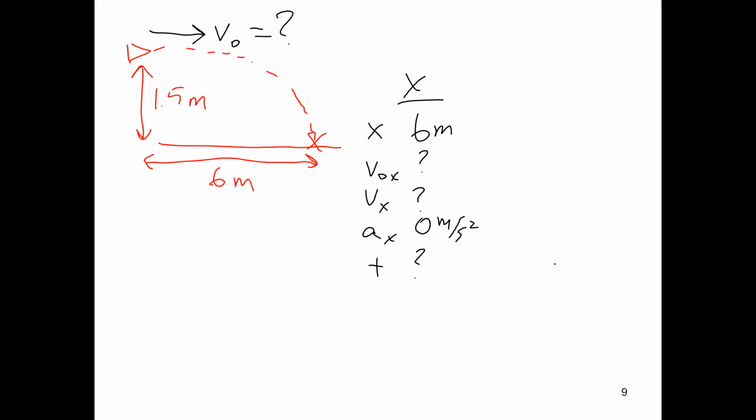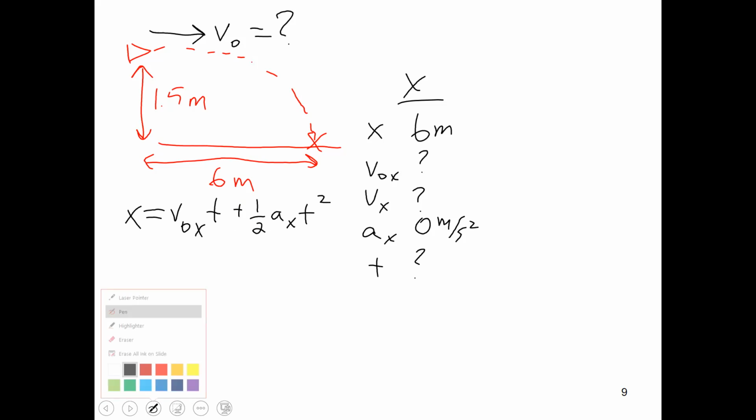Let's see. If I look at my kinematic equations and write it out in the X direction, Δx is equal to v naught x t plus 1/2 a x t squared. That's one of my kinematic equations. And then I notice that my acceleration in the X direction is 0.